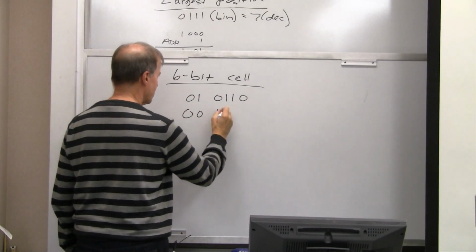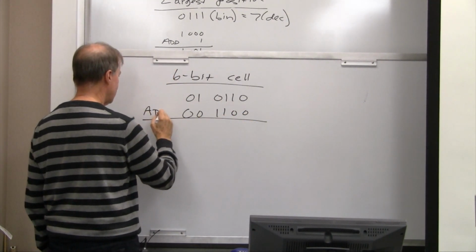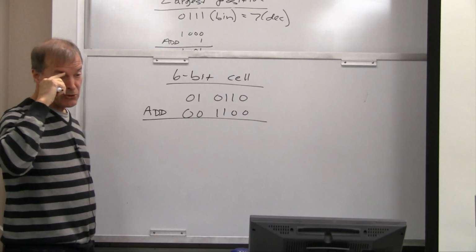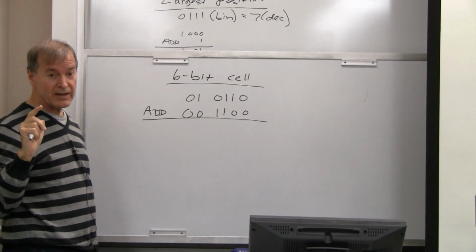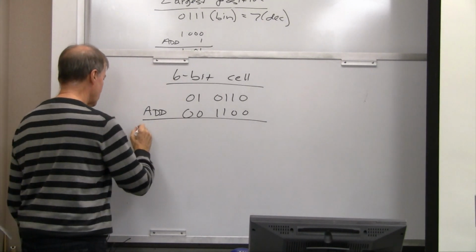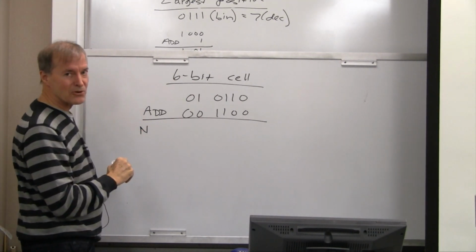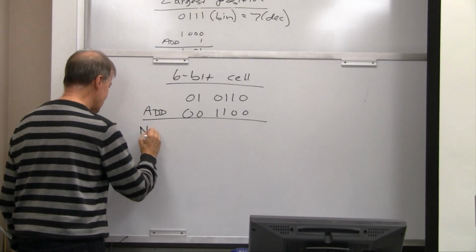And what we're doing is add. And every time we do an addition, we always have to specify what are in the N, Z, V, C bits. Those are the status bits. Always do them in this order, please: N, Z, V, C.